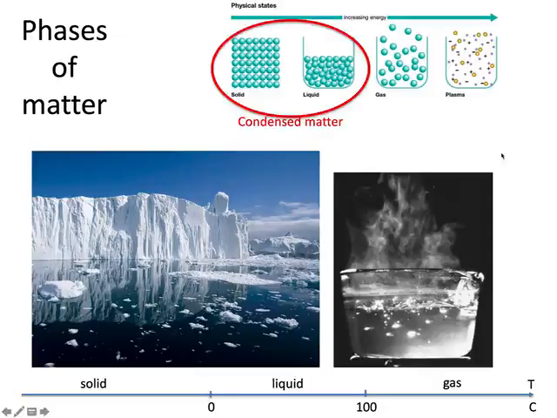Now I'll just remind you that the solid and liquid states of matter are often called condensed matter, as opposed to the gas and plasma states of matter. So condensed matter physics is about solids and liquids. And condensed matter physics is in fact the largest part of physics on a world basis.